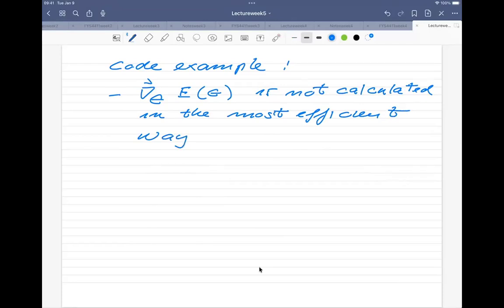Actually, what we can show, if we now define this quantity here, E of theta plus pi half, is given by the expectation value with respect to the angle theta of this trial wave function, theta plus pi half. And then we have the Hamiltonian, and then theta plus pi half.